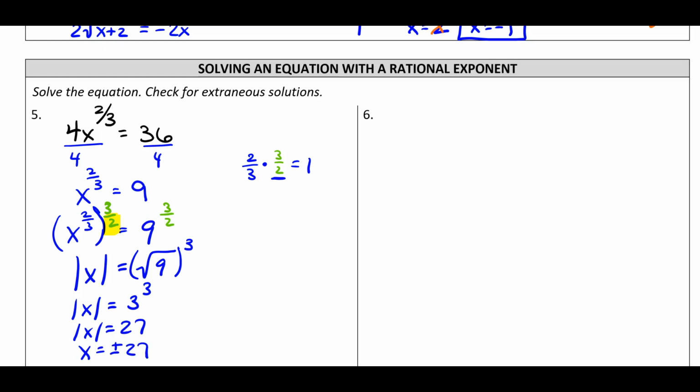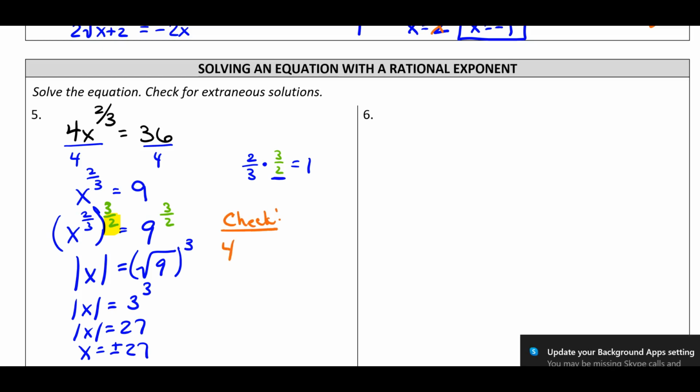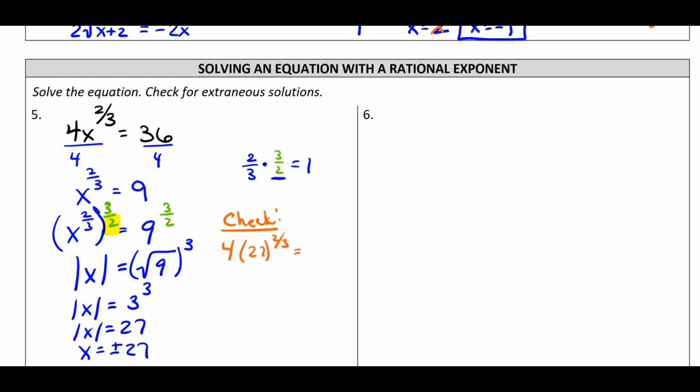And again, we can check this by plugging it in. So 27 to the 2/3 power times 4. If you plug that into your calculator, it should equal 36.